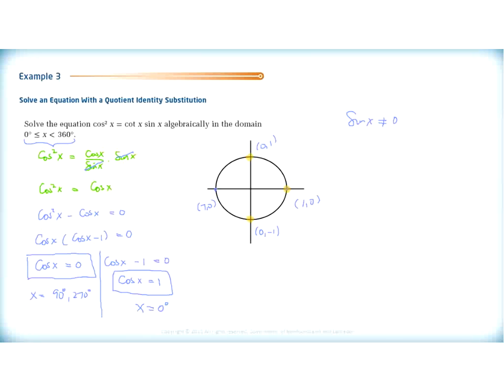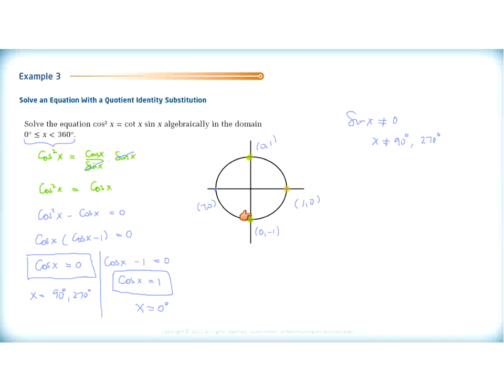So where is sine x equal to 0? Well, if you look at your unit circle again, and I'll use a different color to highlight it, sine x is equal to 0 at, let's see, 90 and 270.